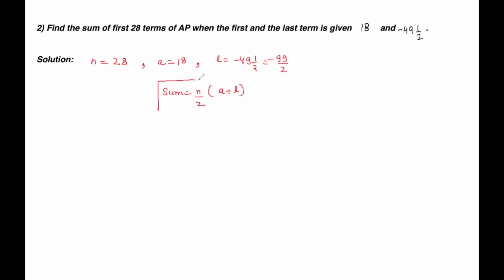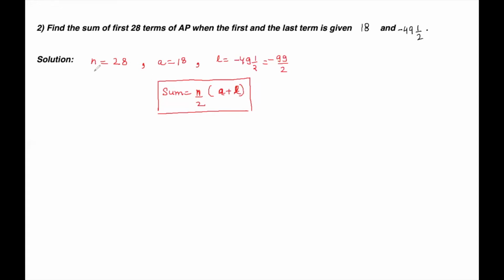So now here, everything remains the same. That is, n is the number of terms, a is the first term. Now here l is the last term of the AP series. Okay, so we can use this formula when we don't know the common difference, or we don't have the series of the AP and we cannot find the common difference, and we do have the first and the last term, right?